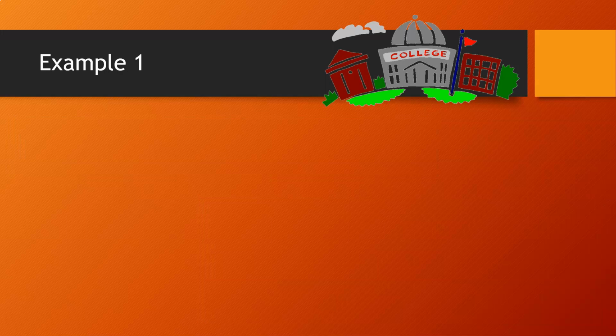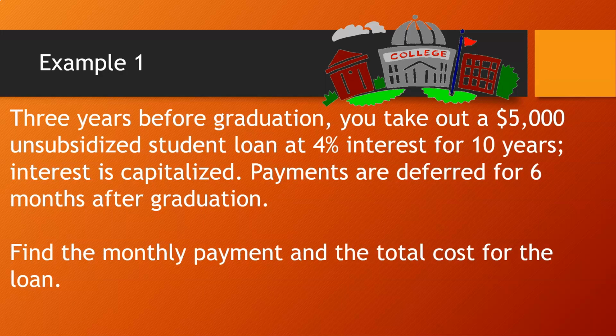So let's look at an example. 3 years before graduation, you take out a $5,000 unsubsidized student loan at 4% interest for 10 years. Interest is capitalized. Payments are deferred for 6 months after graduation. Find the monthly payment and the total cost for the loan.